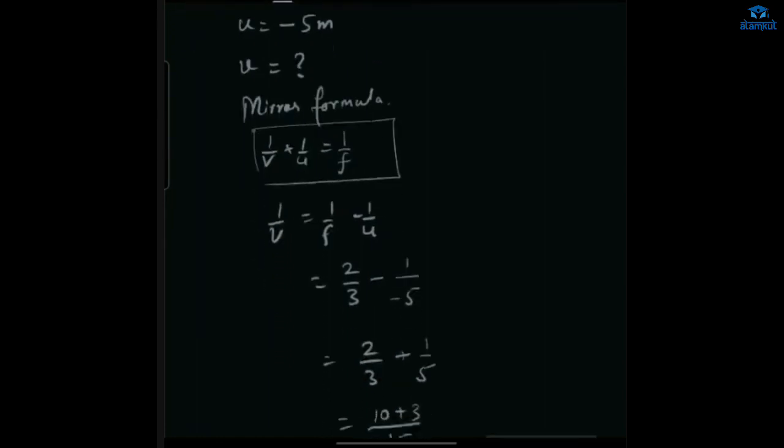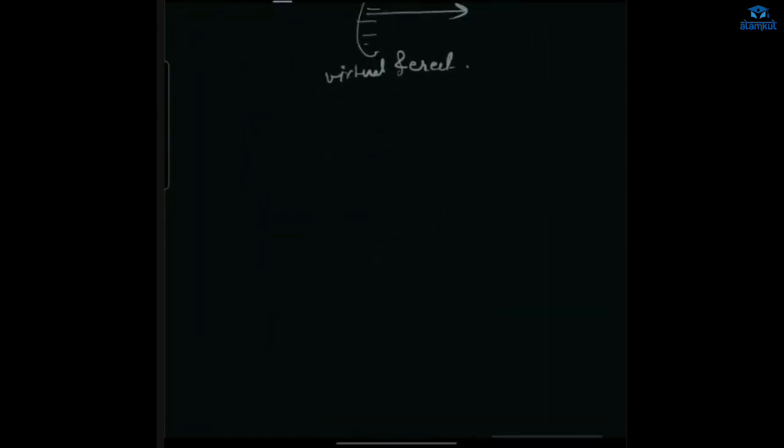Find the magnification. So we'll say that magnification m is equal to minus v by u, because the other formula is minus hi by ho, where we do not know hi or ho. So we cannot use that, but we can find the magnification.